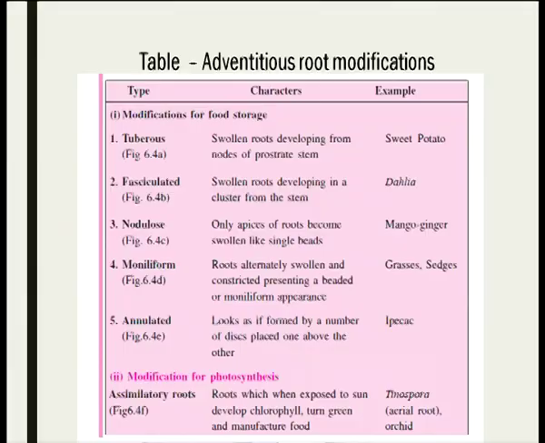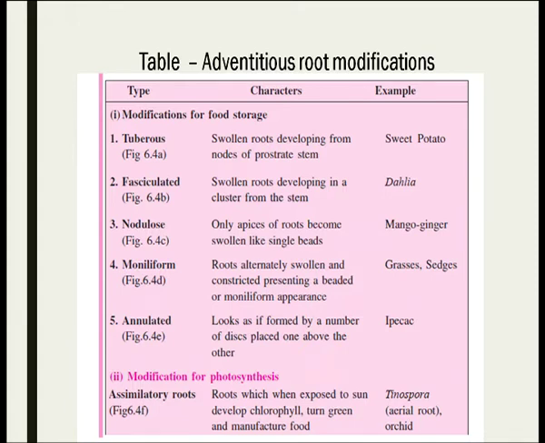Then next is how do we basically see the adventitious root modifications. So we have already talked about tuberous, fasciculated, nodulose, moniliform and annulated roots, and in this table you are seeing their examples as well.